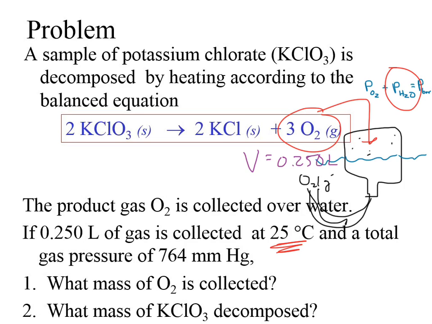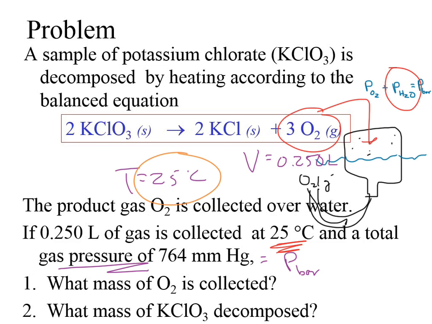They give us the total gas pressure, which is equal to the barometric pressure, P sub BAR. It gives the temperature, T equals 25 degrees Celsius. Remember, if I circle it, that means you've got to convert it to Kelvin. So what is the mass of the O2 collected?